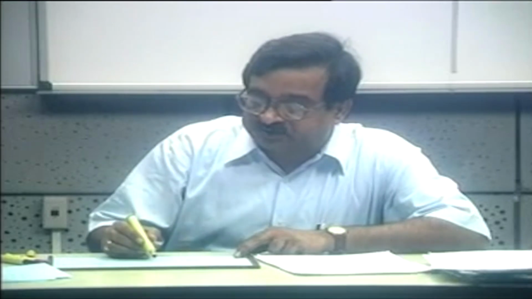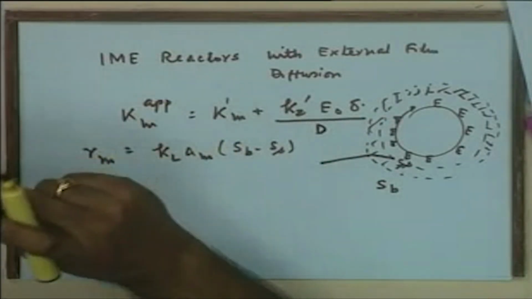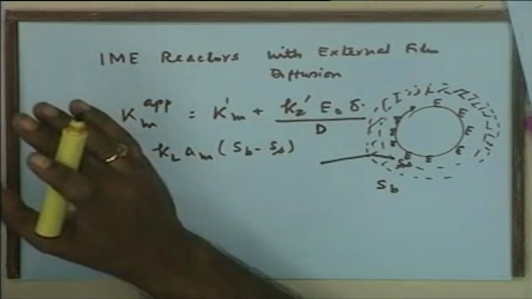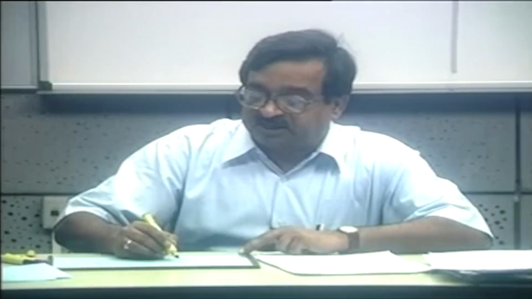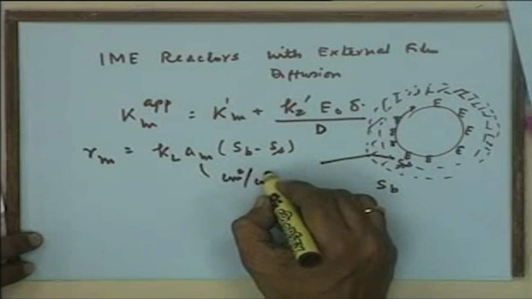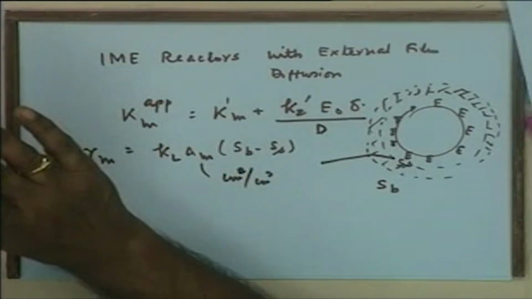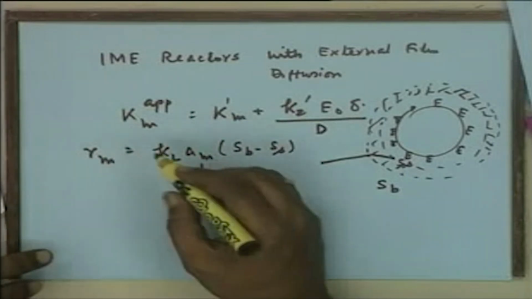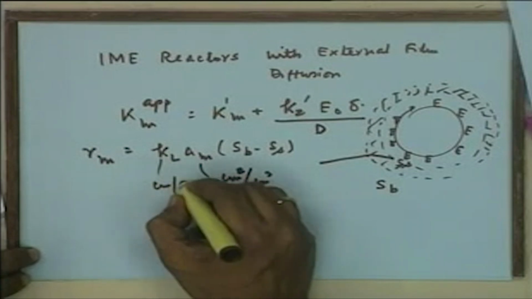So, rate of mass transfer is KLAM, where KL is the mass transfer coefficient and AM is the area of mass transfer, which is described as area in centimeter square upon centimeter cube. That means the surface area per unit volume of the particle, and KL is the mass transfer coefficient in centimeter per second.